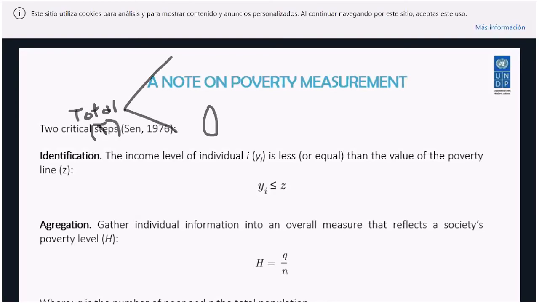One possibility is to construct an income in per capita terms, which means the T divided by the household size, which is the number of individuals who are currently living in that house.